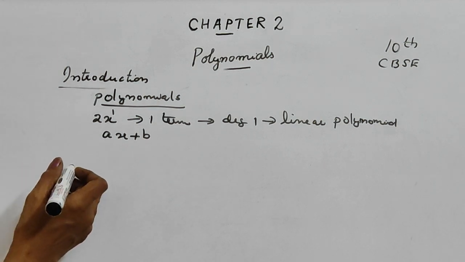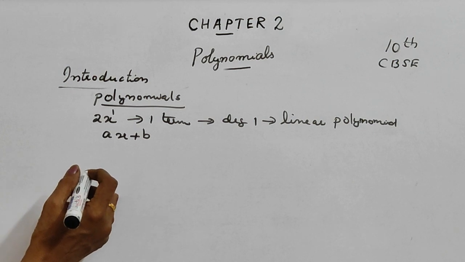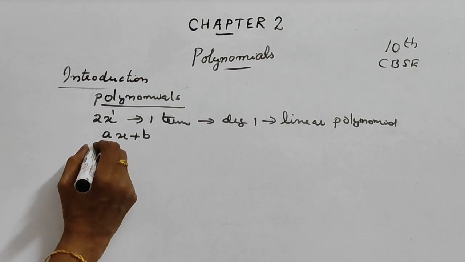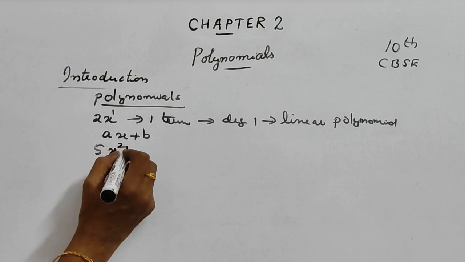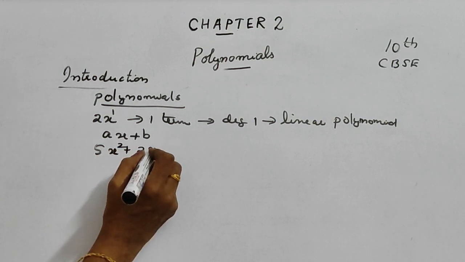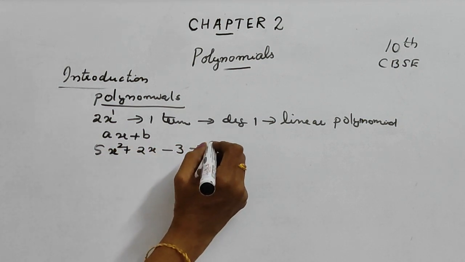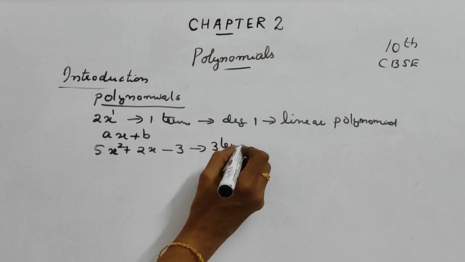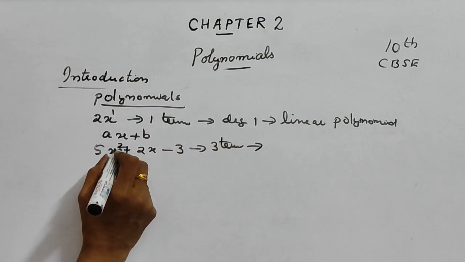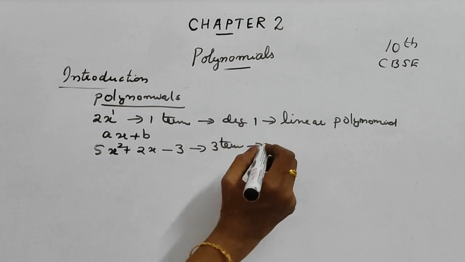Now I will write another polynomial: 5x square plus 2x minus 3. See, 1, 2, 3 terms are there. But the degree, the highest power, is 2.